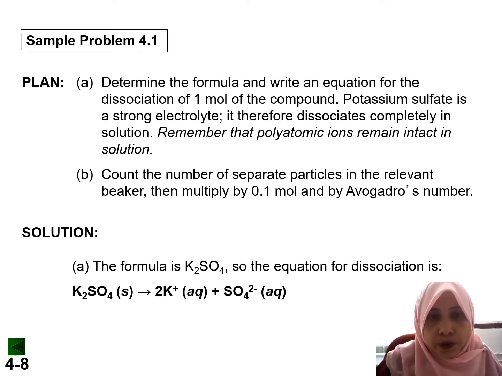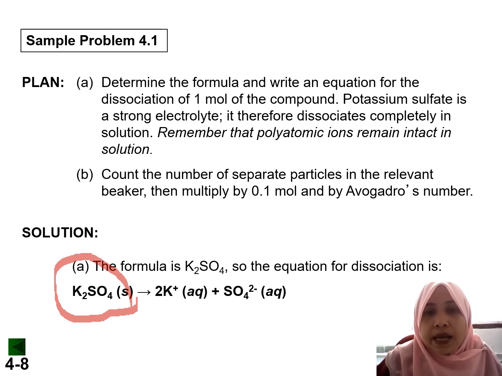Potassium sulfate is actually a solid, so make sure you identify the state of matter. Then when it dissolves in water, it will dissociate into potassium ion and sulfate anion.